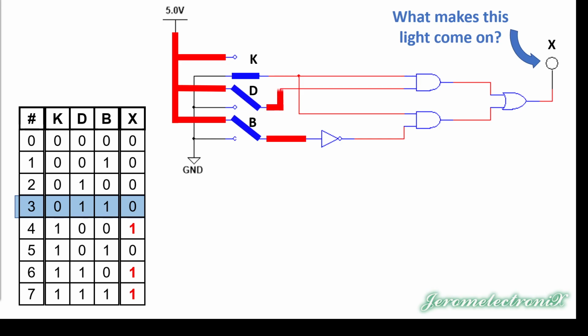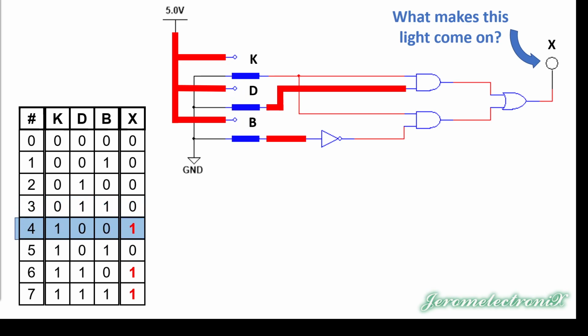That pressurizes D. They're both on, and still nothing gets through the AND gates because we've got 0 times 1 for the top AND gate. That results as a 0. And 0 times 0 for the bottom. That results as a 0. So 0 plus 0 is still 0, and the output X is not on.